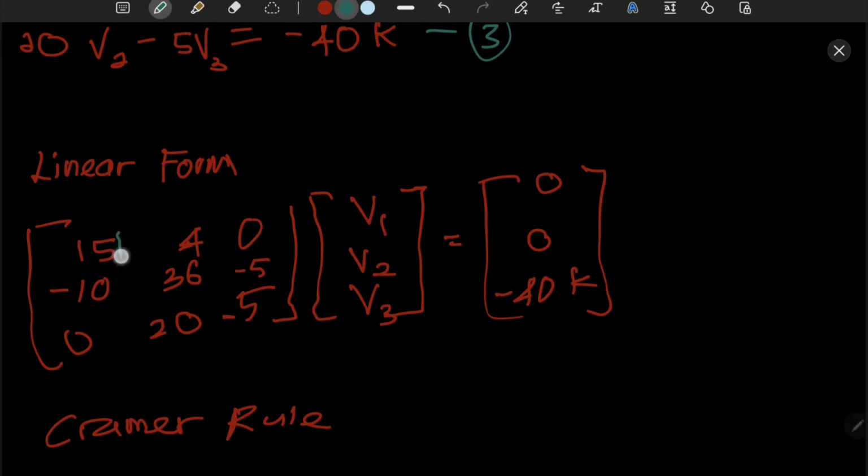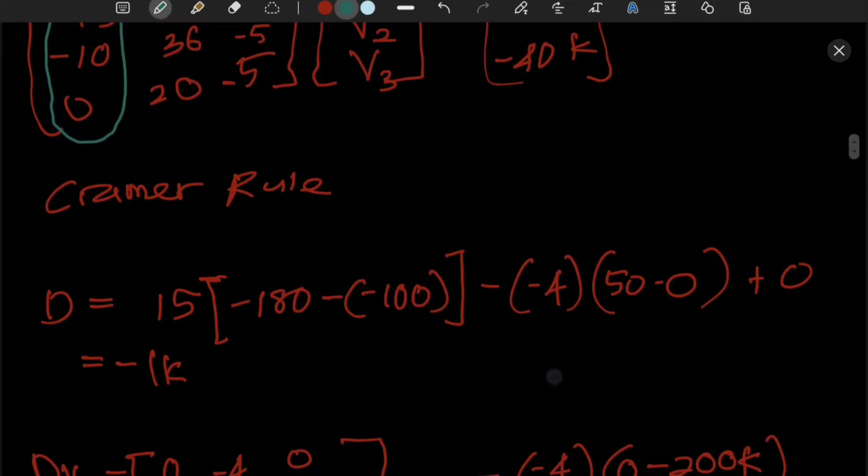The first column here is V1, this is V2, this is V3. Later we can see which we are using for the determinant. For Cramer's rule we can see how we can use this.